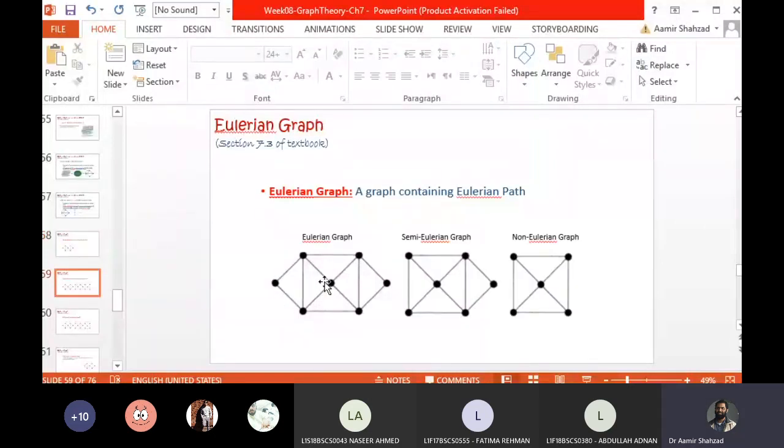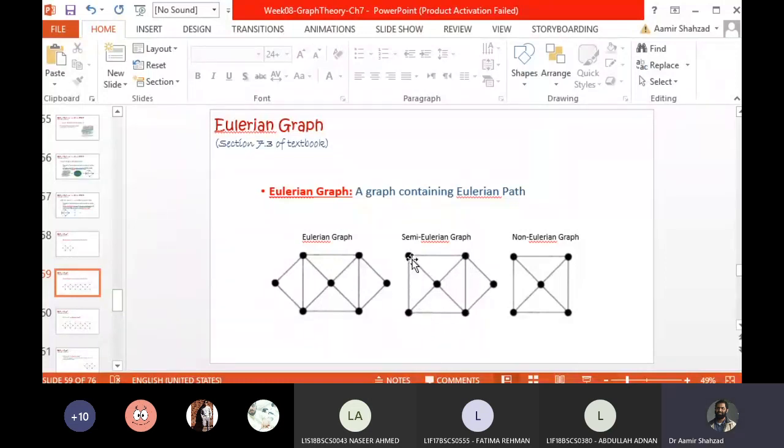So this is Eulerian. And this second graph is called semi-Eulerian. So what is the difference between Eulerian and semi-Eulerian? In an Eulerian graph you come back to your starting point. In semi-Eulerian, we can still traverse each and every edge only one time, but we cannot come back to our starting point. So for example, if I start from here, I can go like this.